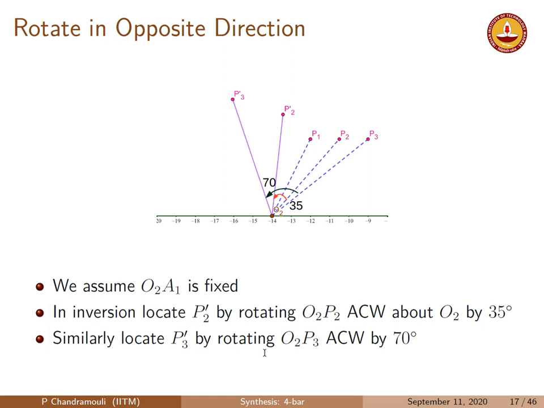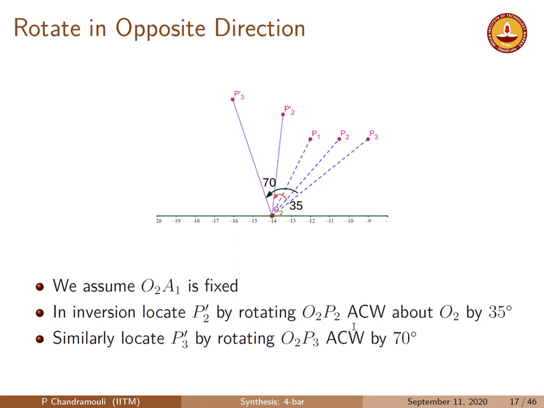We assume that we have fixed this at O2A1, so that means the input crank is fixed. In the earlier case, if you remember, we started off by saying that the coupler is fixed at that A1 P1 position, but here we start by saying that the crank is fixed. So in the inversion, we can locate P2 prime by rotating O2 P2 anti-clockwise about O2 by 35 degrees. I have this line O2 P2, I rotate it by 35 degrees and I get O2 P2 prime.